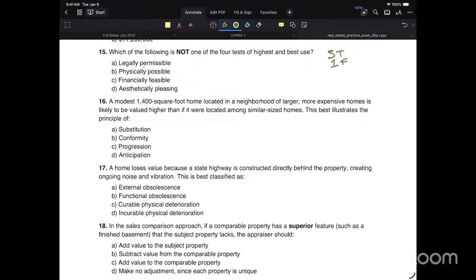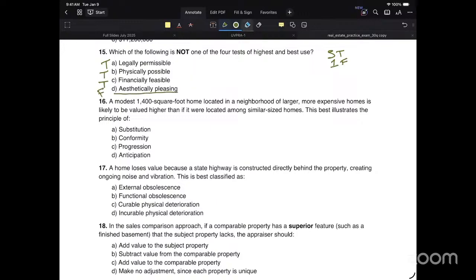So legally permissible. Is that one of our 4 tests of highest and best use? Yes. Physically possible. Yeah, I would say that's got to be one of our concepts. Financially feasible. Yep. That has to be there. And then that means our answer has to be D, aesthetically pleasing.